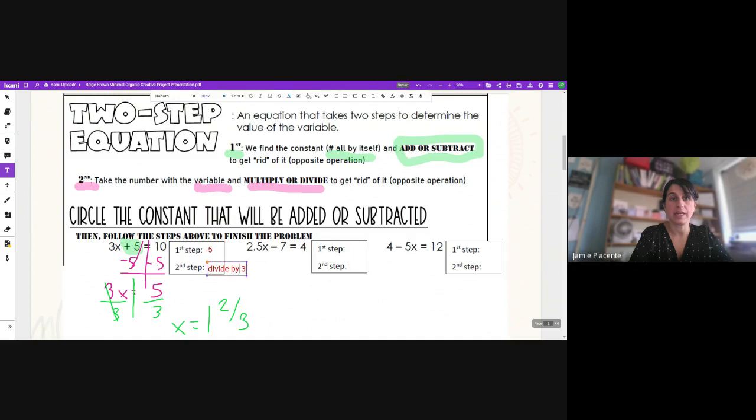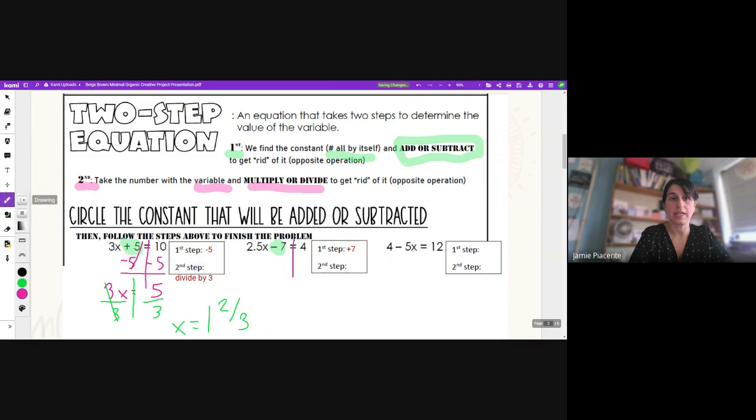Okay, let's look at our next problem. I'm actually going to move this just because it might take up some space. So, draw my line. First step is to find the constant or the number all by itself. So I look, here is minus 7 all by itself. I'm actually going to change the color just so our colors match. A minus 7 is all by itself. How do we get rid of a minus 7? We are going to add 7.